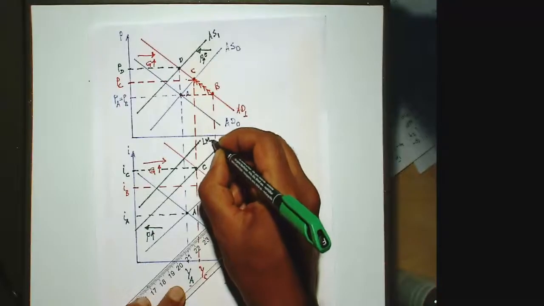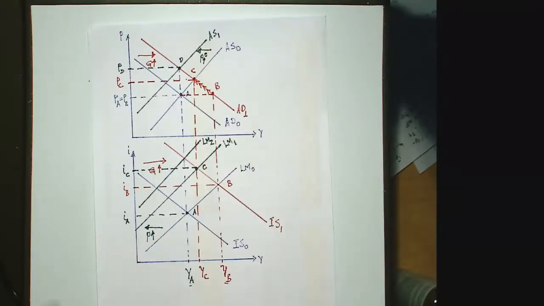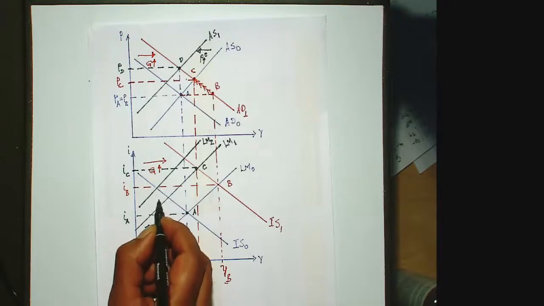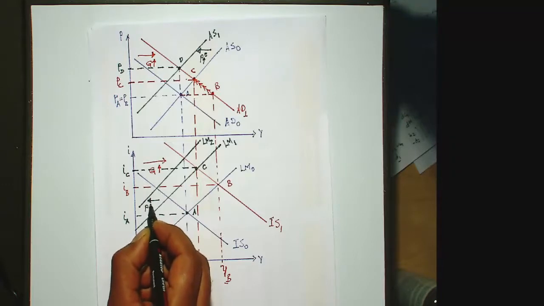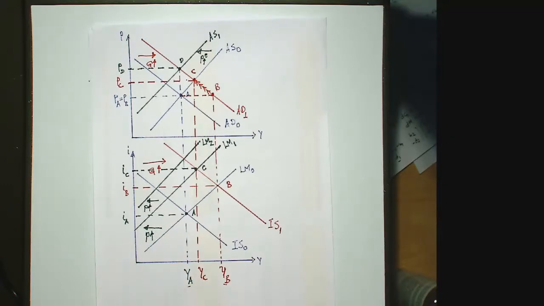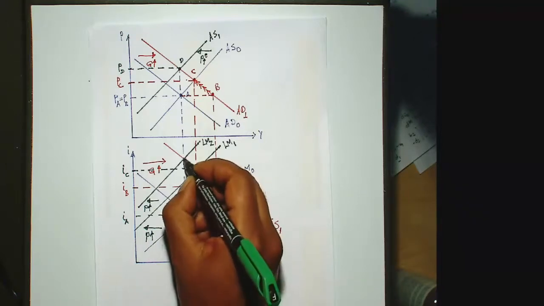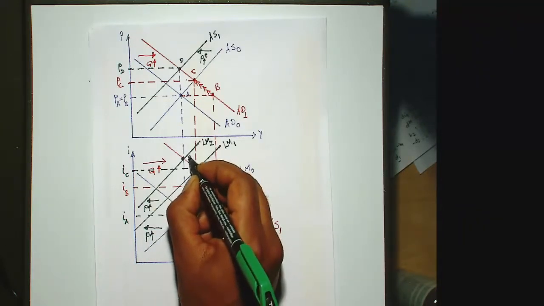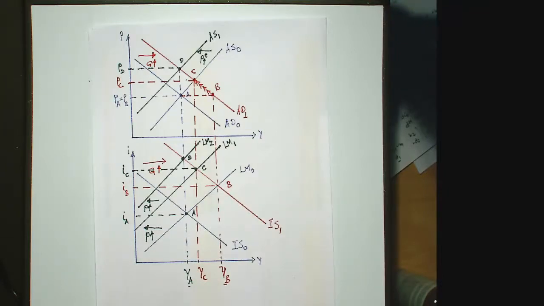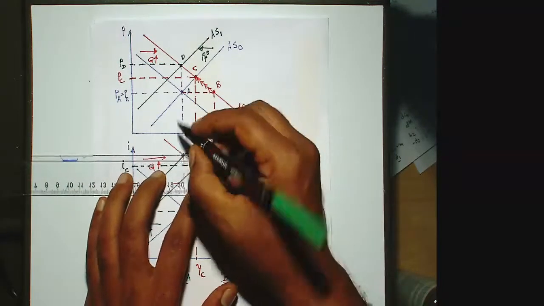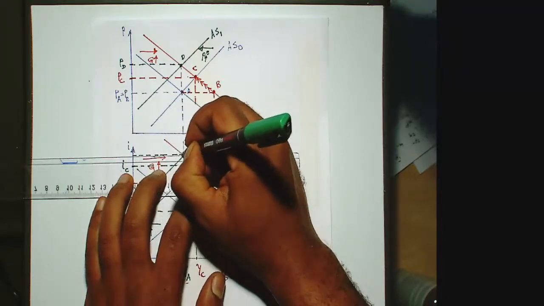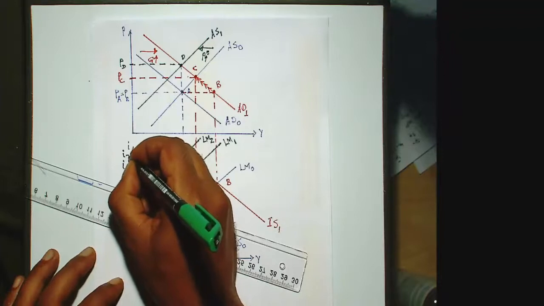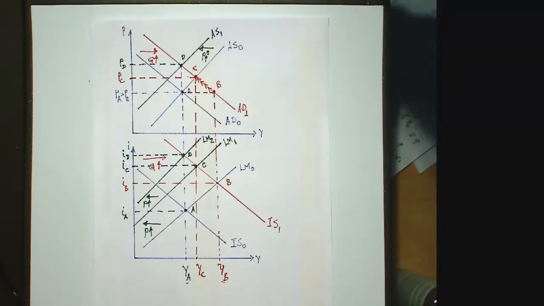So we would have a new LM curve, LM2, and this shift of the LM curve to LM2 is actually caused by the increase in price from PC to PD. So here again we would have a new equilibrium, which is point D in our ISLM model, and this point D has a corresponding interest rate which is higher than what we have already seen, and this should be represented by an interest rate ID.